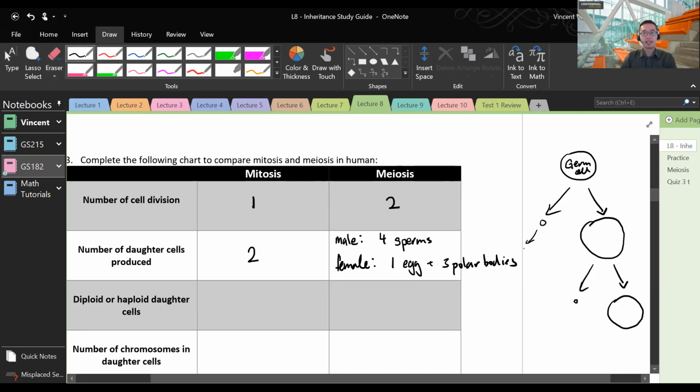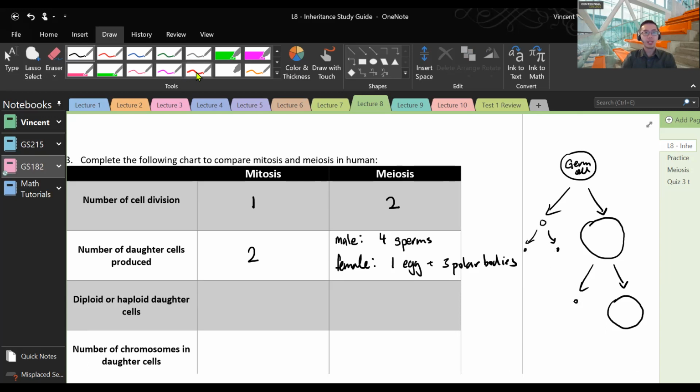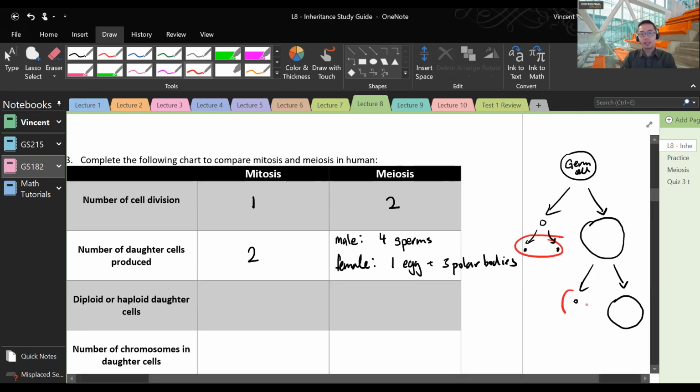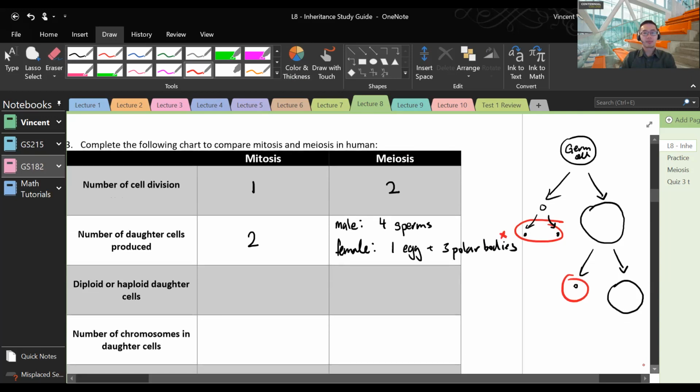This one might divide again. You have 2 smaller ones. So these are called polar bodies. Okay, you want the egg to have as much cytoplasm as possible. That's why you want to make sure you have one that's really, really big compared to the other ones. Okay, so in meiosis, you get 1 egg and 3 polar bodies.